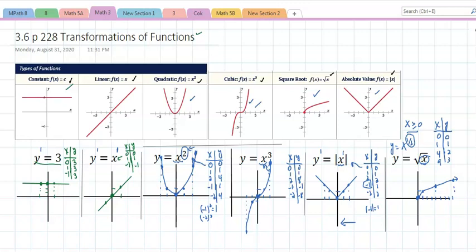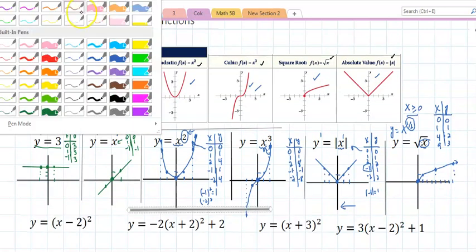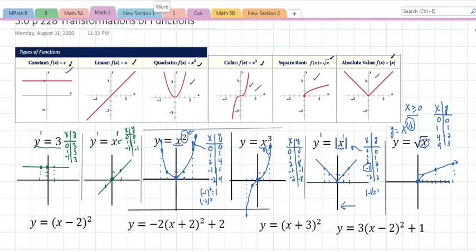Now we want to do some shifting. Do keep in mind, if I pick 0, a point above and a point below, and I know that the graph of y equals x is a straight line, or a parabola whose shape I know, that gives me the main characteristic of the graph.